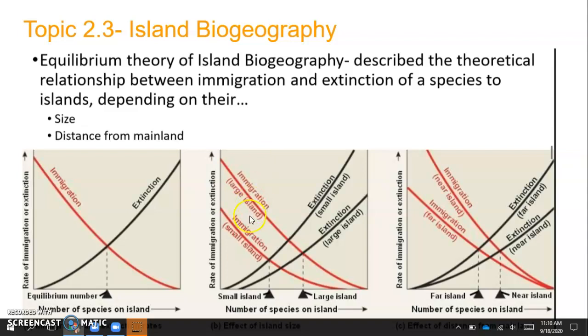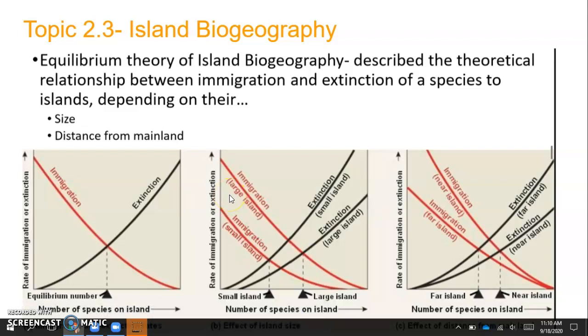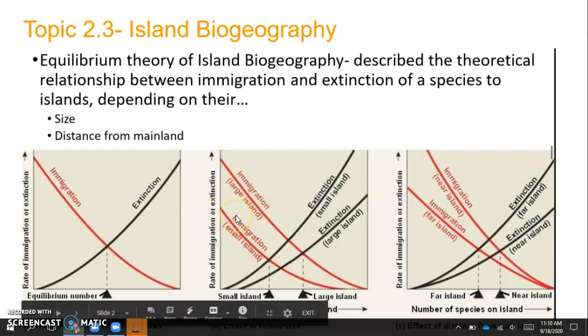So if we take a look at the immigration of a small island, smaller islands tend to have less immigration. Now, when I say immigration, I mean organisms migrating from the mainland to the island. The reason for this is because smaller islands tend to have smaller resources. So you have less immigration to smaller islands.